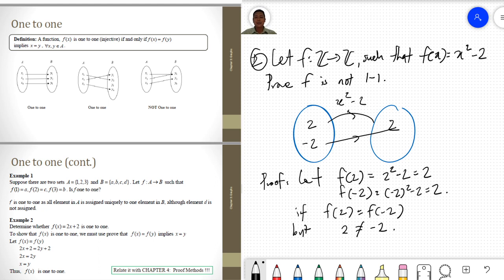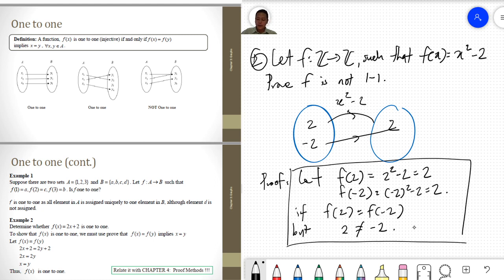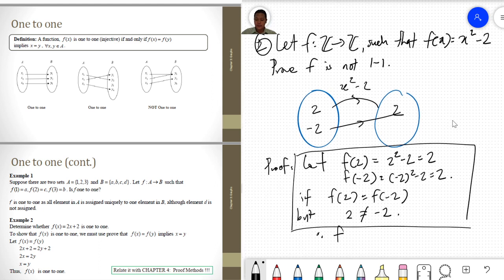Hence, x is not equal to y. This counterexample can be used as your actual proof. This f is not one-to-one. A further proper example of proof is explained in the slide. But this is the know-how.